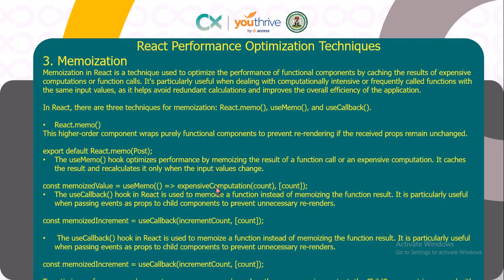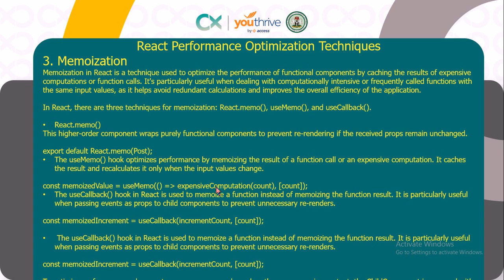This higher order component wraps a purely functional component to prevent re-rendering if the received prop remains unchanged. It can be used to prevent a child component from re-rendering each time a state in the parent component changes.